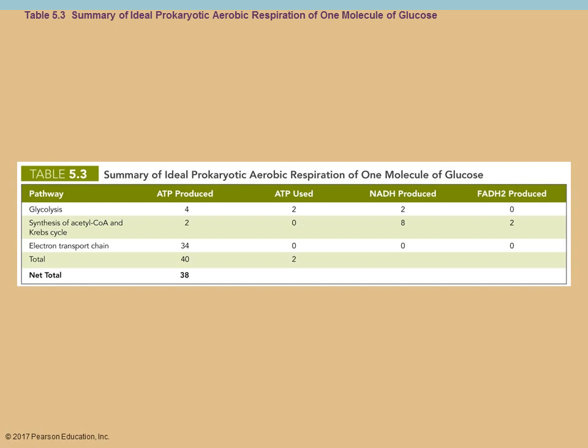So that's why the total net production of ATPs for eukaryotic cells is slightly lower. So this is one of the cases where prokaryotic cells, I guess, could stand up and say, we're smaller, you think we're simpler. Well, we're a little bit more efficient here.